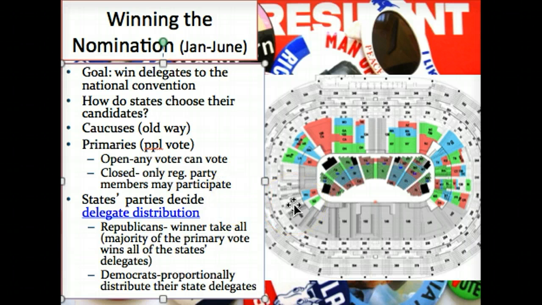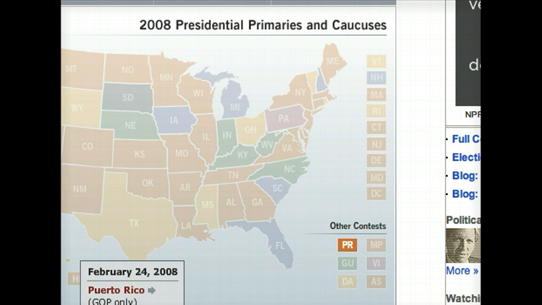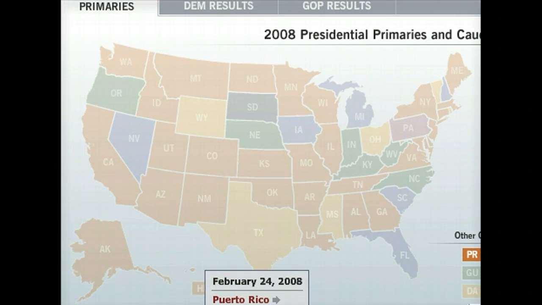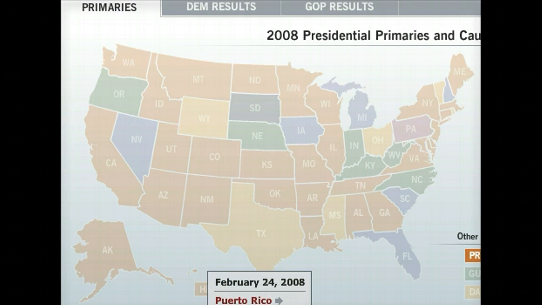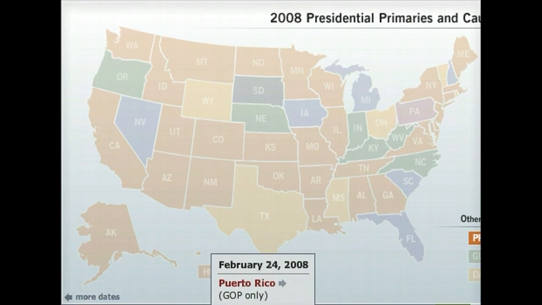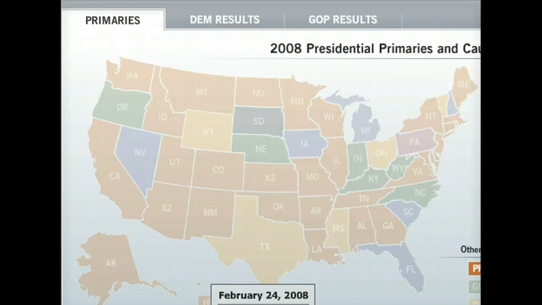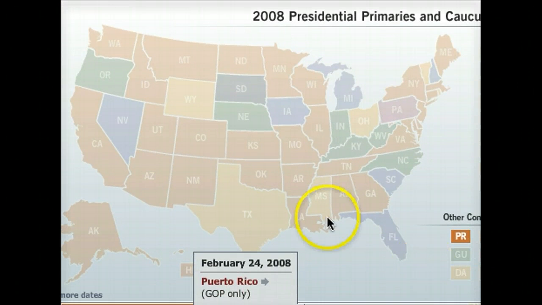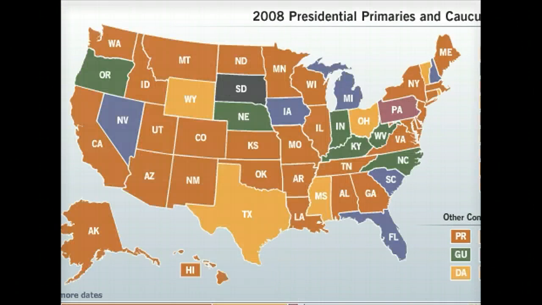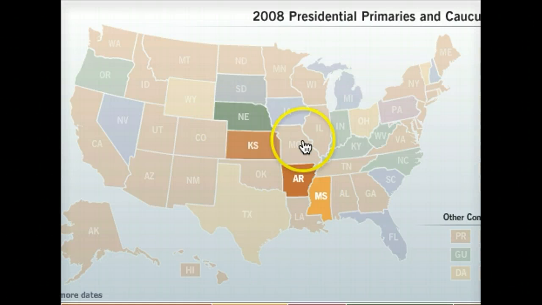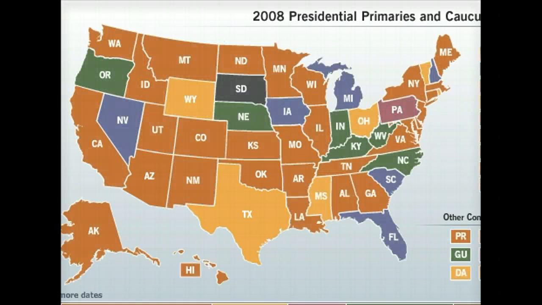I'm going to pull it up in 1 second. Now, I can tell you, okay, I have pulled up a primary results map. Let me see if I can't get, oh, okay, it won't adjust. All right, so what this map is through NPR, and this is a 2008 primary and caucuses results map.